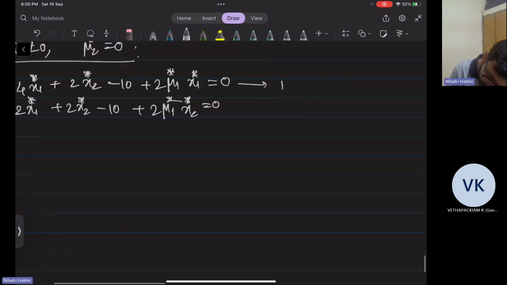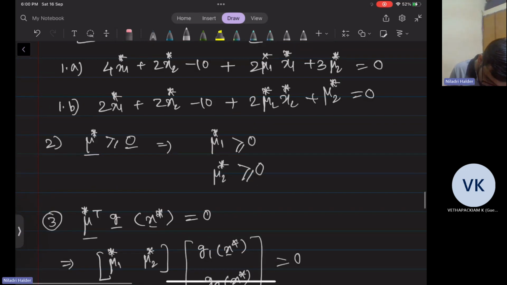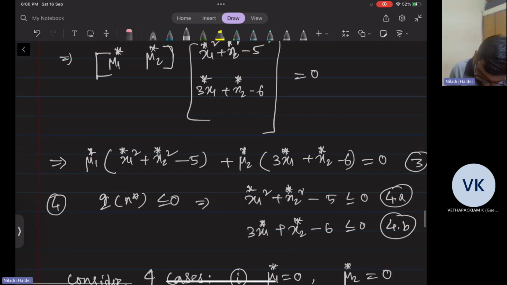This is the 1a, 1b, and then from 3, so 3 is written like this only. 3 is this equation.